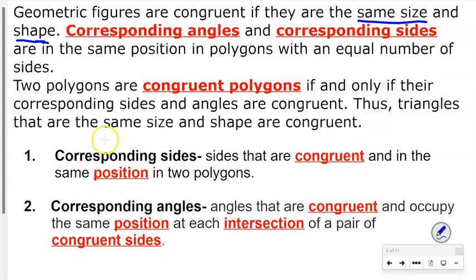Thus, triangles that are the same size and shape are congruent. So corresponding sides are sides that are congruent and in the same position. Key phrase there, position, okay? Corresponding angles that are congruent and occupy the same position at each intersection of a pair of congruent sides. So these are your blanks. Pause here and go ahead and fill them in.